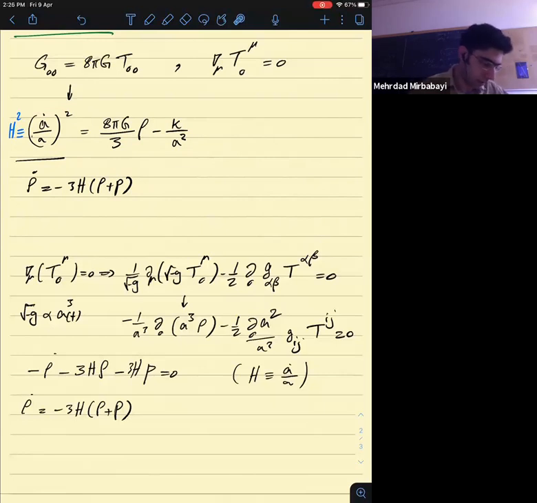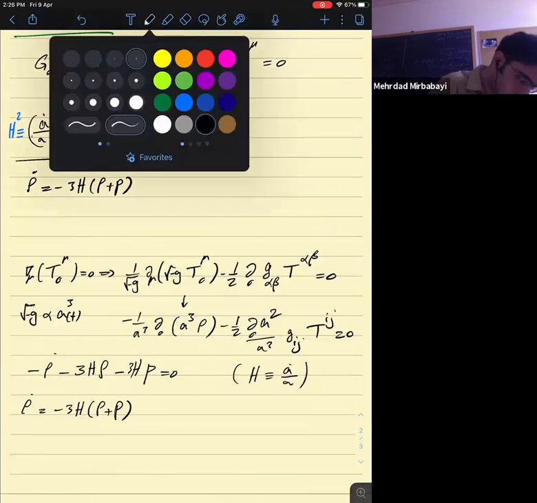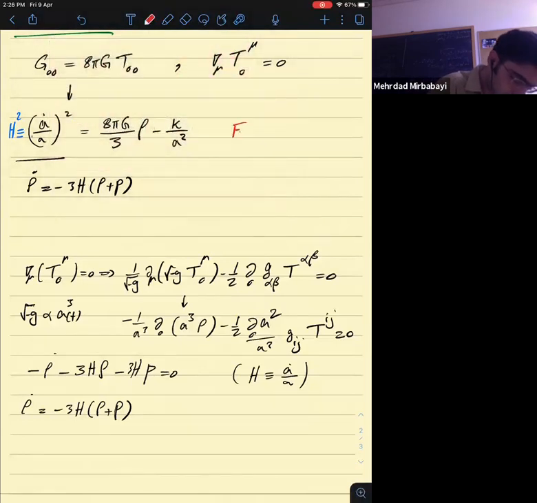Okay, let me also give names to these equations. This one is called the Friedmann equation. And this one is, well, I don't know if there is a name for this equation.